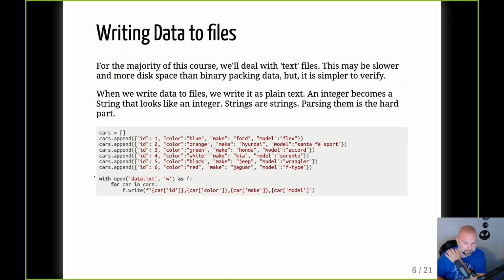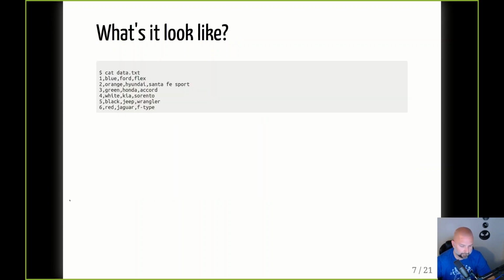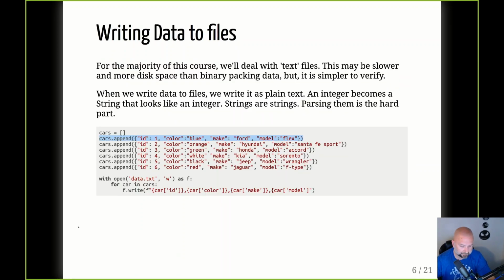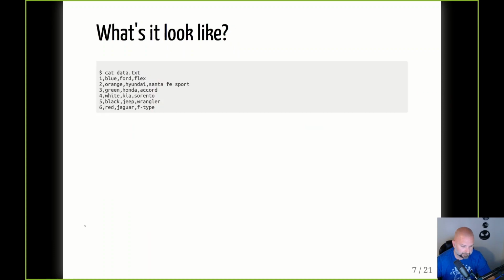To go back up, I got the values from 1, blue, ford, flex: ID of 1, color of blue, make of ford, and model of flex. And I wrote to the data.txt file. So when I print out that text file after I execute that program, you'll see the data in there. It's almost like magic.